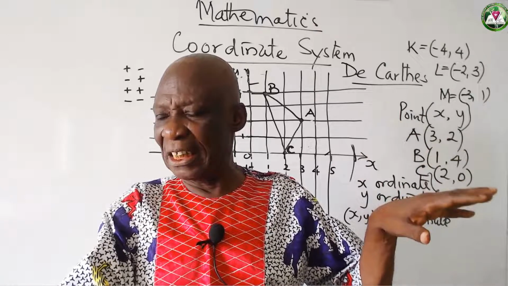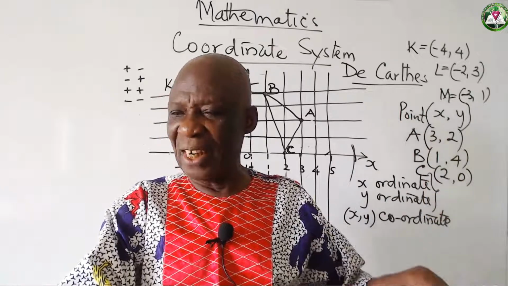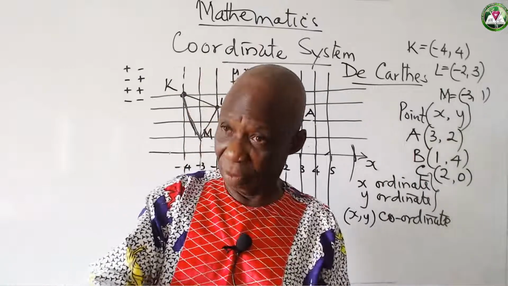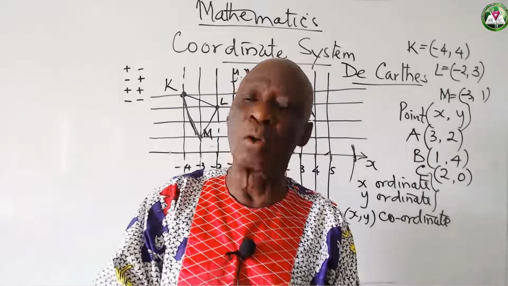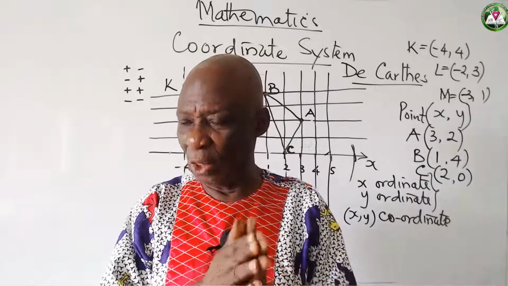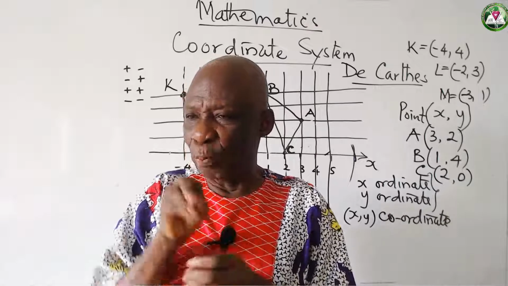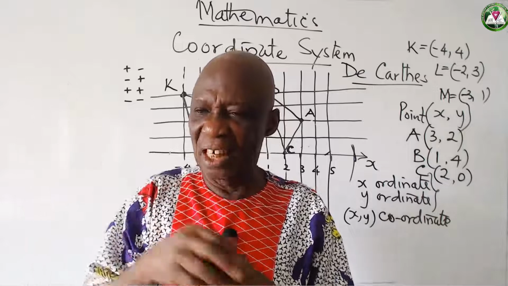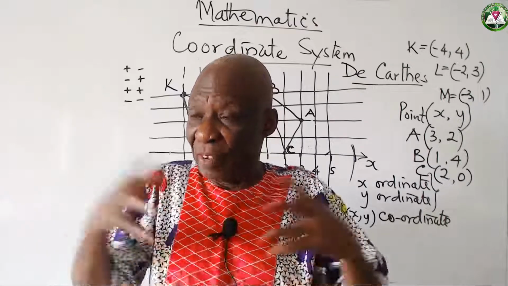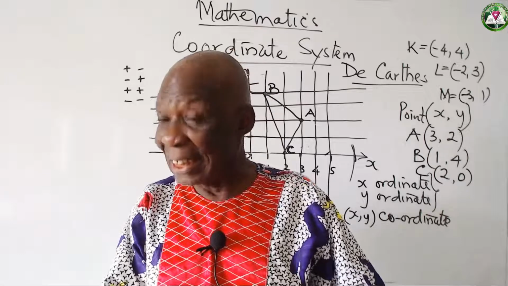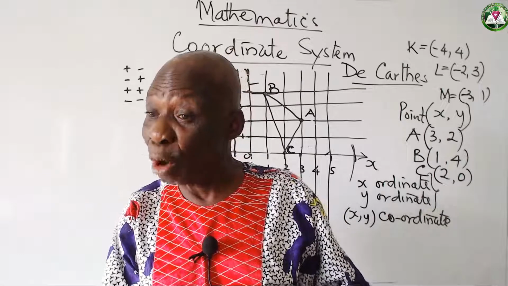Second quadrant, negative, positive. Third quadrant, negative, negative. Fourth quadrant, what did we have? Matthew. Good. Positive, negative. We have also learned how to fix points on the graph and how to read the coordinates of those points if given to us from the graph. That is where we are going to stop.